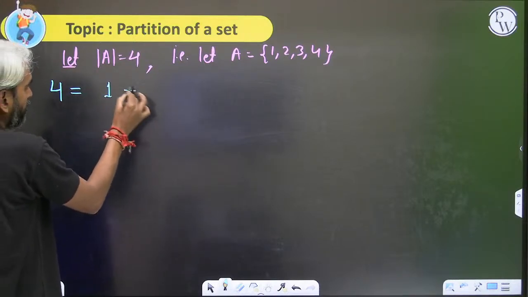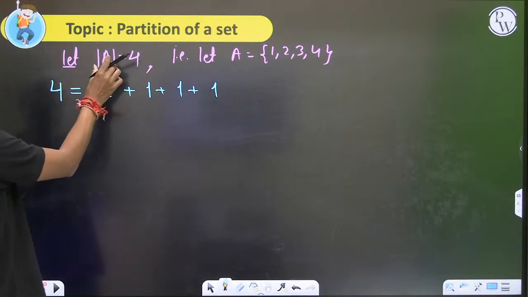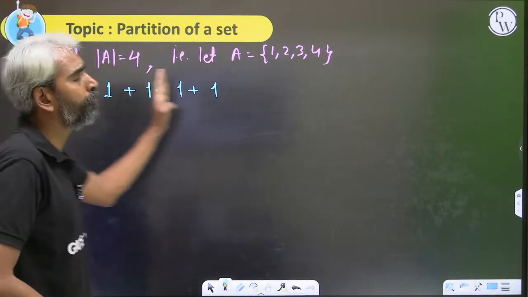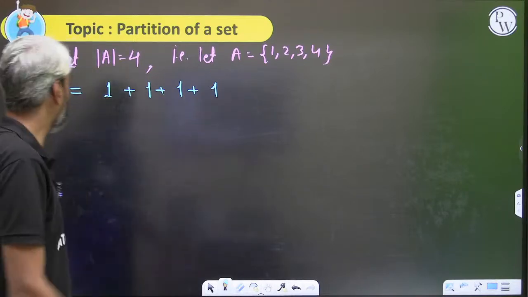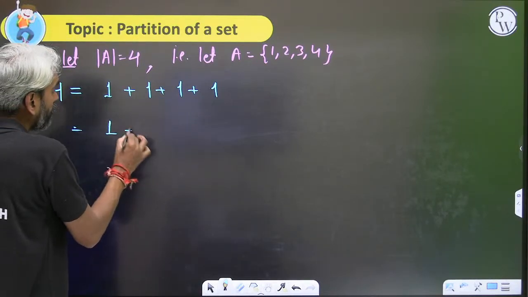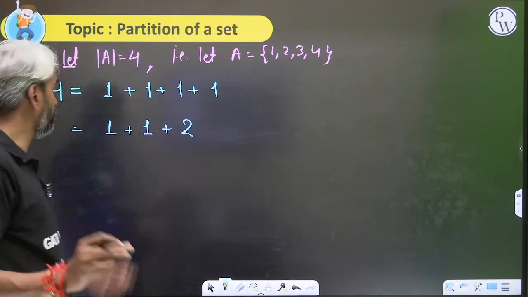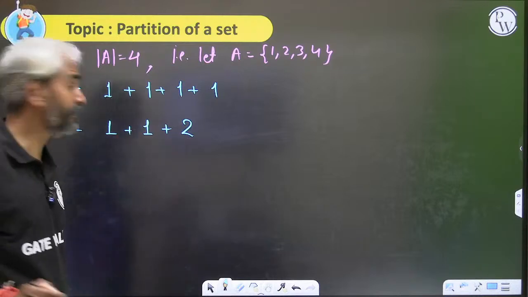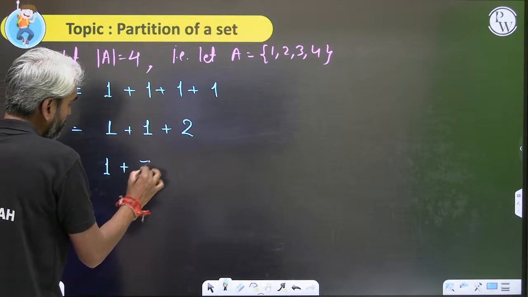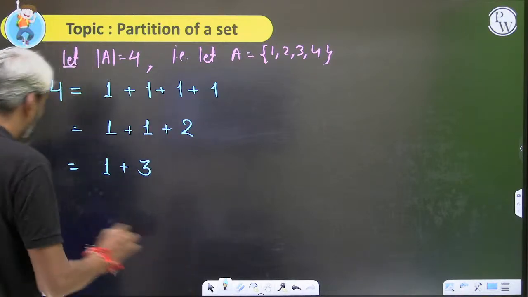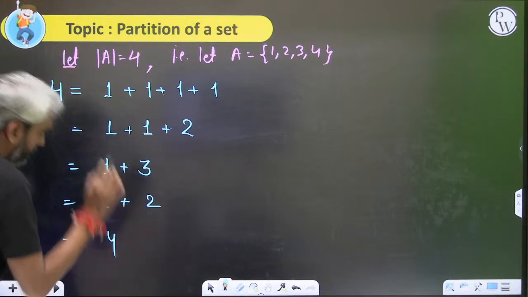The 4 can be written as 1 plus 1 plus 1 plus 1. That is, if the cardinality of set A is 4, then we can create 4 different subsets, each of size 1, or we can create 2 different subsets of size 1 and 1 subset of size 2, or one subset of size 1 and one subset of size 3, or 2 subsets of size 2, or we can take a single subset of size 4.